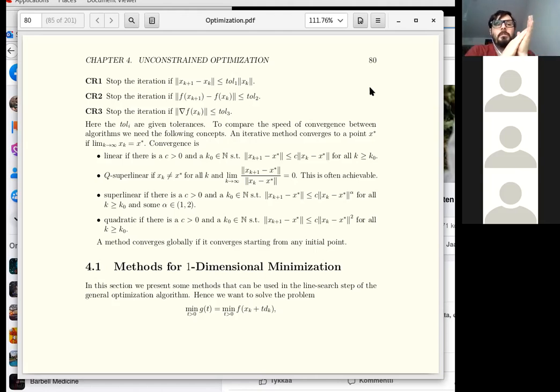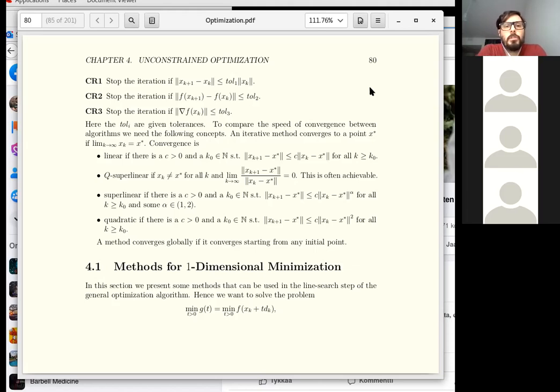And so if the limit of xk as k reaches infinity is x star, then we say that this algorithm converges to the point x star. So the stopping criterion basically determines how close to that point we stop. Or it should basically determine that. It doesn't necessarily determine it, but it should.